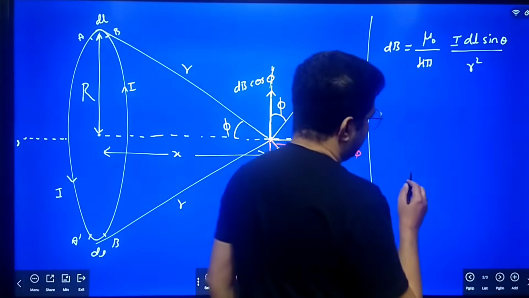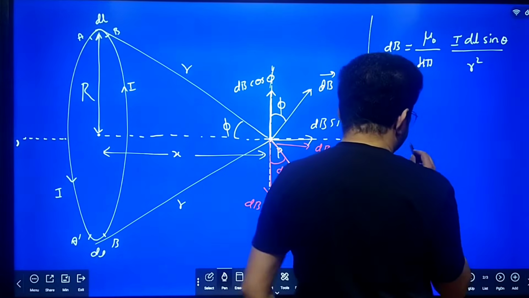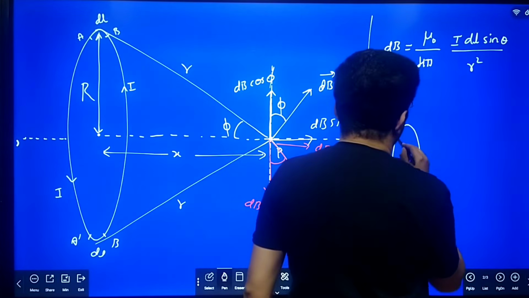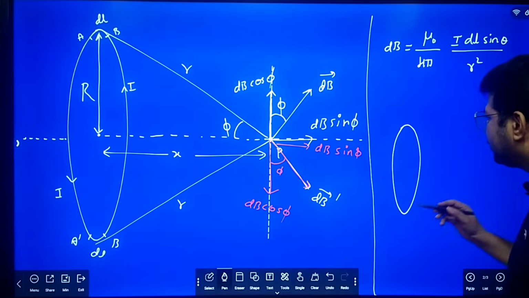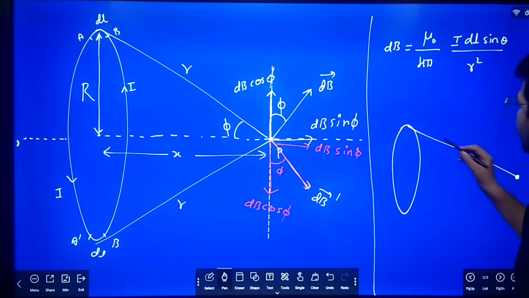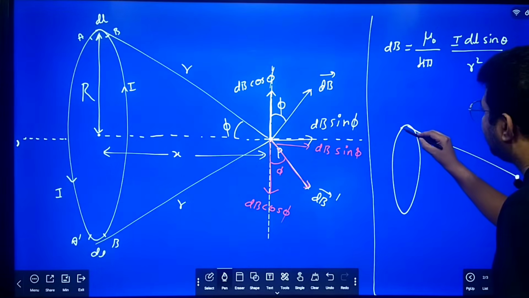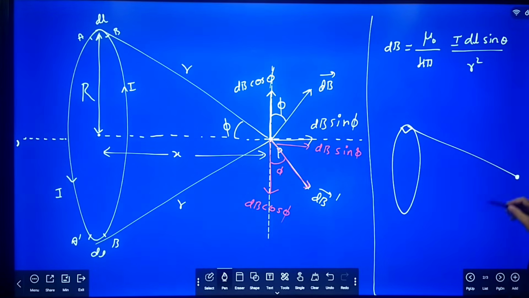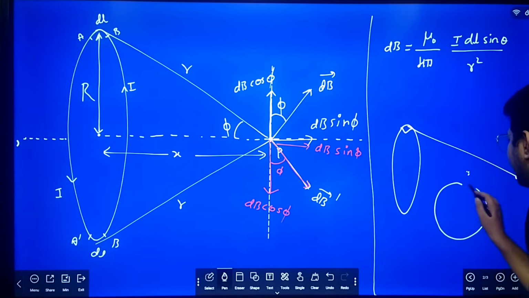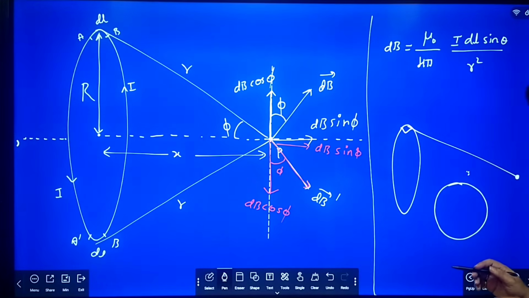I'll give you an understanding. Suppose there is a circular coil carrying current, and there is a point here. What is the angle between this current element and this line? That angle will be 90 degrees. Say you have a circular current-carrying conductor like this, and this is the axis.